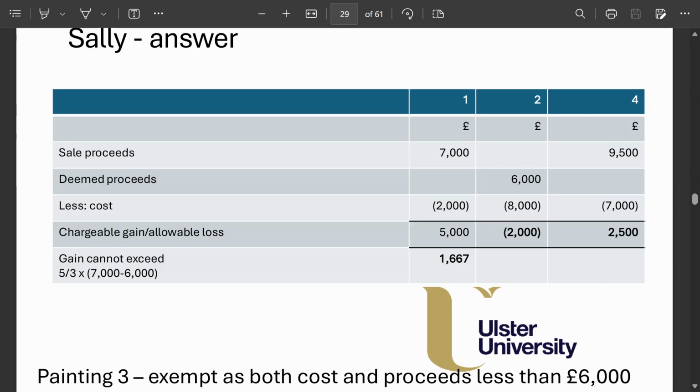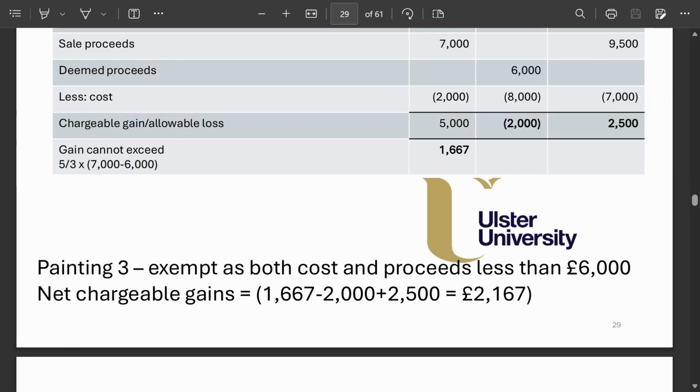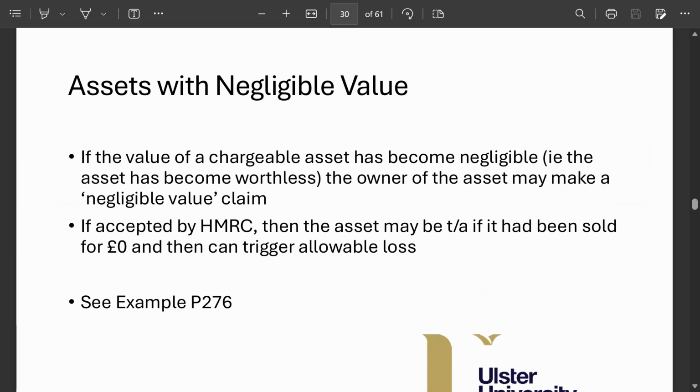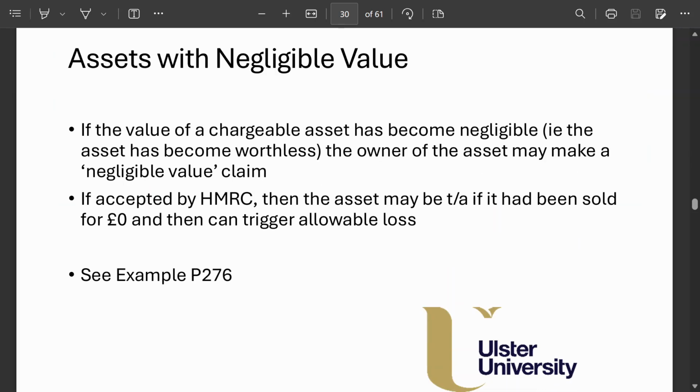So if you look at the total figure, this is how you add up the gains. You look at the net chargeable gains, you look at all the assets and you add them up, and you get this number. That's your net chargeable gains. So it's fairly straightforward. Again, all these are examples of different kinds of calculations. You just have to get used to them.